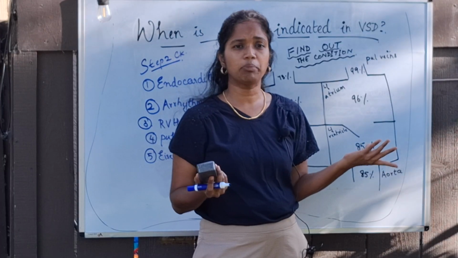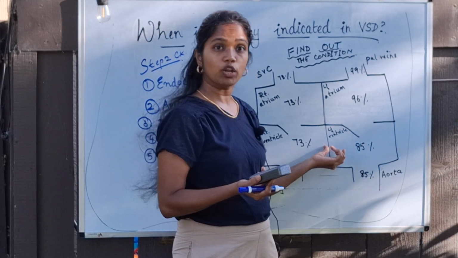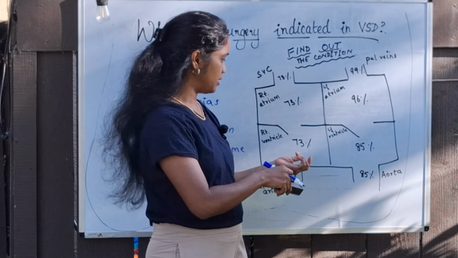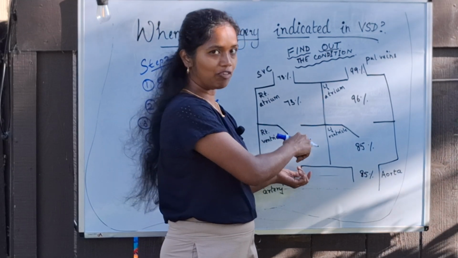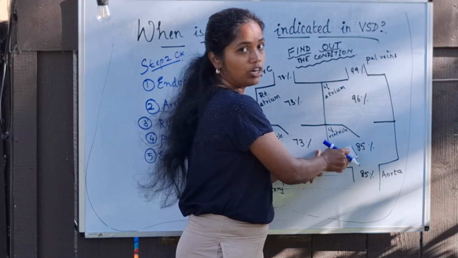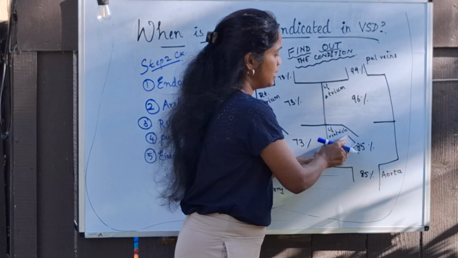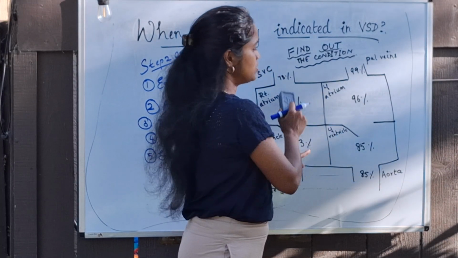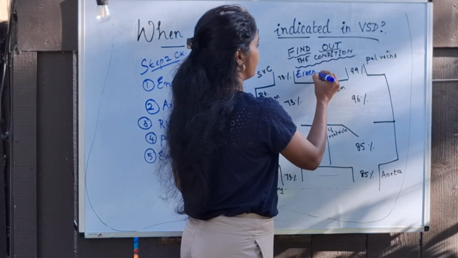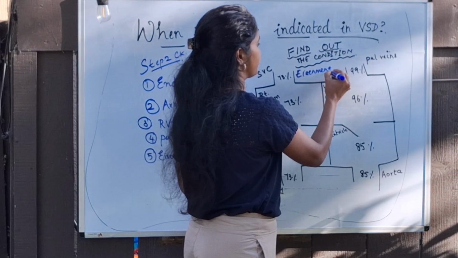But when does this happen? This happens when there is a ventricular septal defect and Eisenmenger syndrome has set in. Only in Eisenmenger syndrome will the blood from the right go to the left ventricle, isn't it? So it must have gone, and therefore the oxygenation is decreased. So this is the condition which happens in Eisenmenger syndrome.